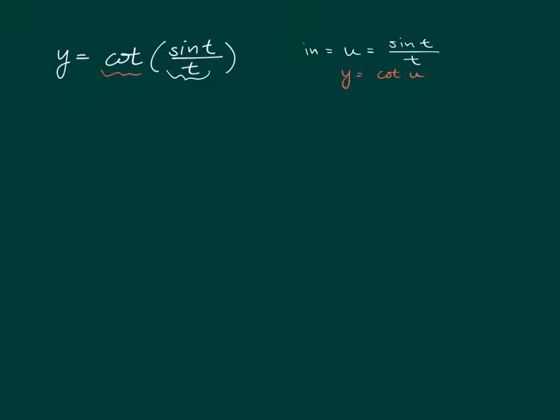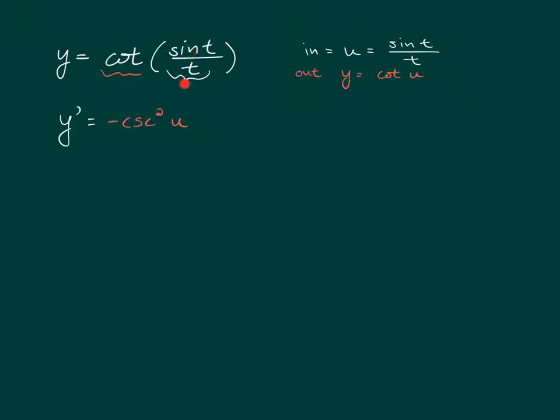That being said, now we can take the derivative of y with respect to u. So the derivative of cotangent, let's start: y prime equals the derivative of cotangent of u, which is negative cosecant squared of u. And to that we will multiply the derivative of u with respect to t this time.